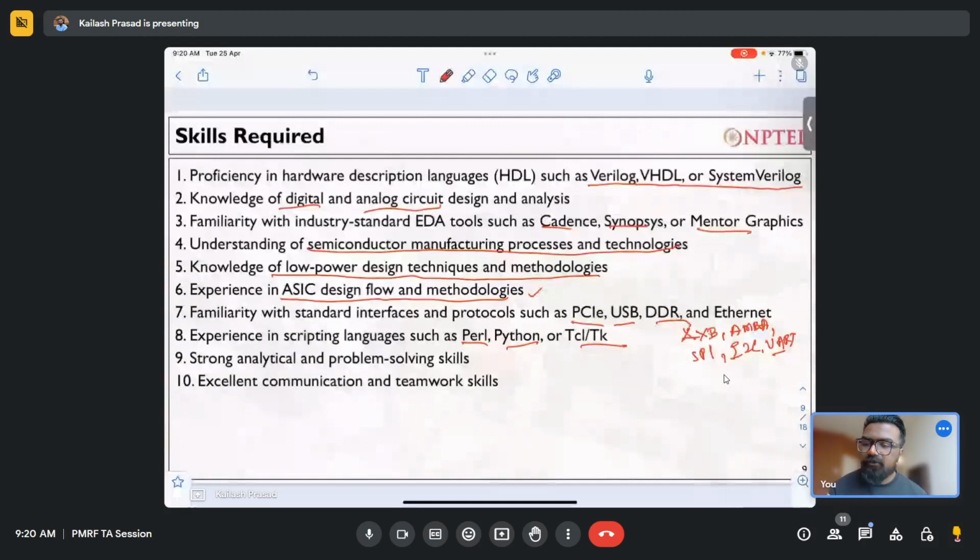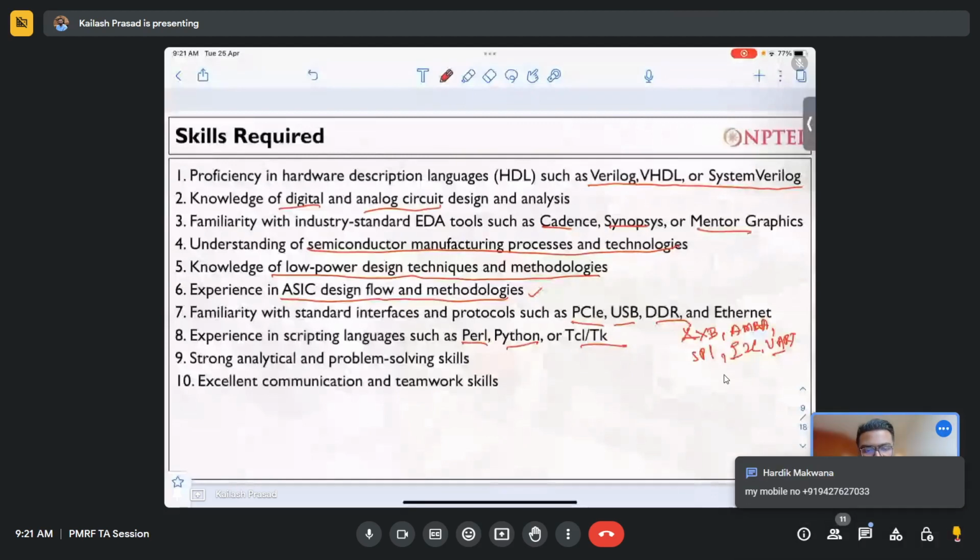The next point is communication and teamwork skills. It does matter that you have soft skills: how do you communicate with people, how do you work in teams, how do you guide people. This kind of skills you should also add in your profile.